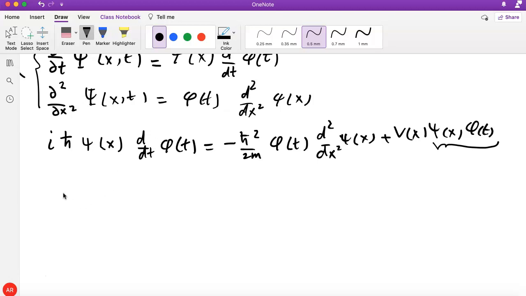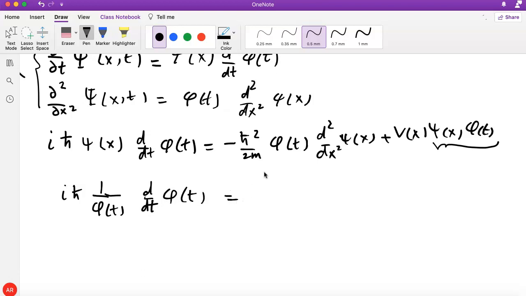So what I find is, well, i h bar psi of x divided by psi of x phi of t gives me 1 over phi of t, right? Because psi of x cancels out in the numerator and denominator, so I find 1 over phi of t, derivative with respect to time of phi of t.